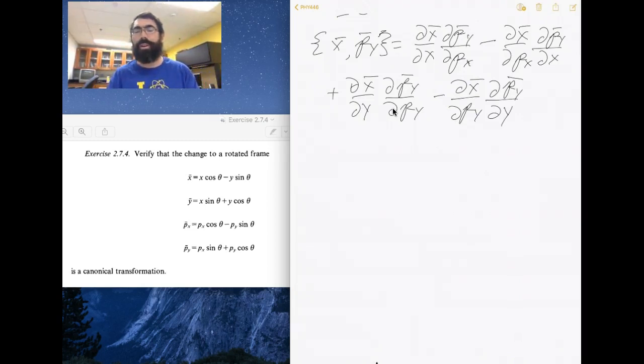So we've gone through all of the different terms for both dimensions x and y, and now if I look through it, what do I get?